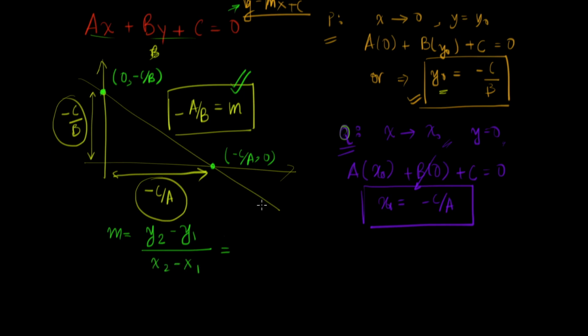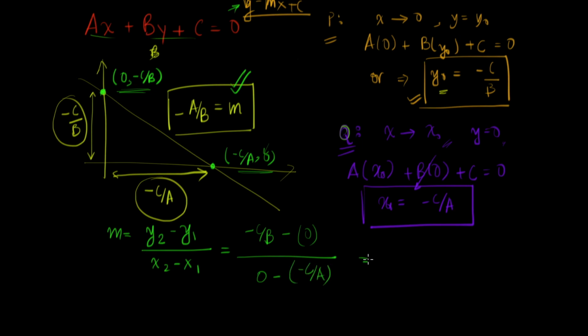What we can do here is we can subtract the y and the x components and get this. So y2, let's call this the second coordinates, and let's call this the first coordinates. So y2 minus y0 is minus c by b minus, here the y component is 0, so minus 0. In the denominator, we get, well, x2, which is 0 here, minus minus c over a.